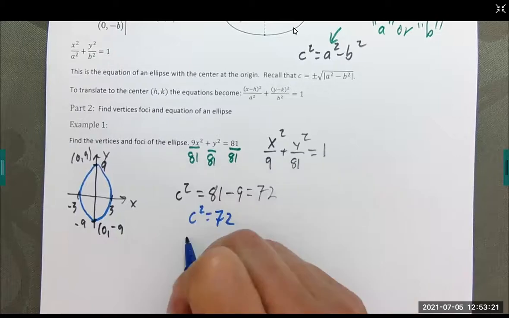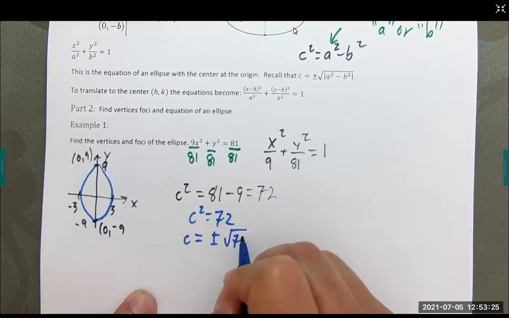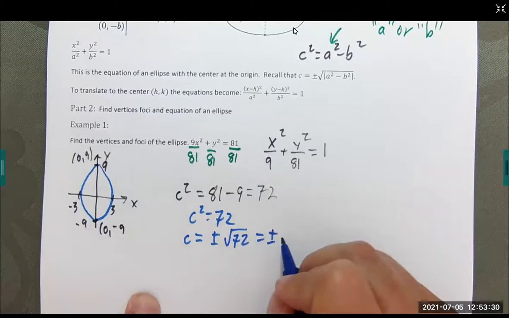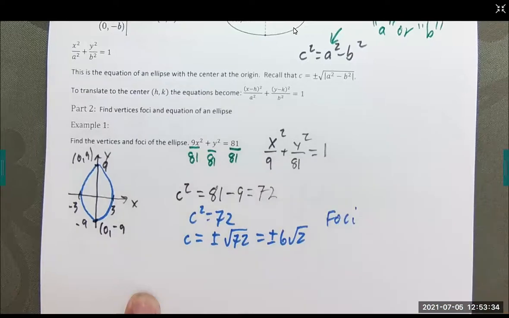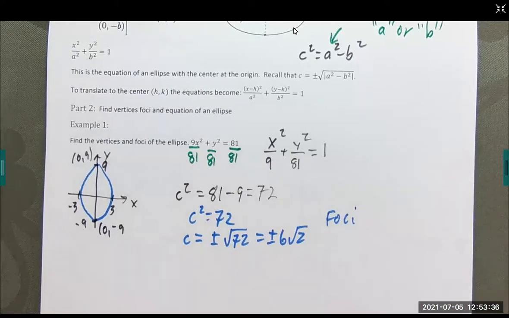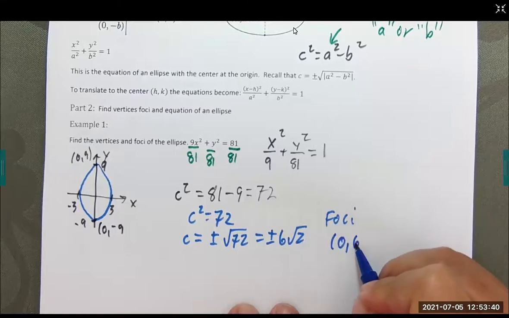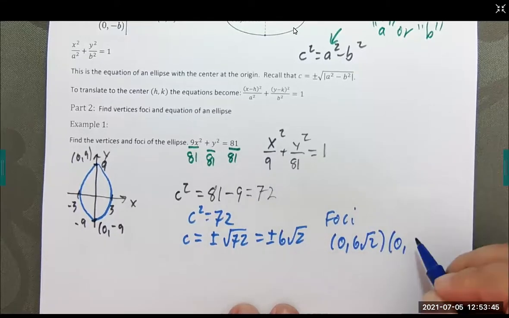That c is plus or minus root 72, which I believe is plus or minus 6 root 2. So the foci, the plural of focus, are going to be at 0, 6 root 2, at 0, negative 6 root 2.